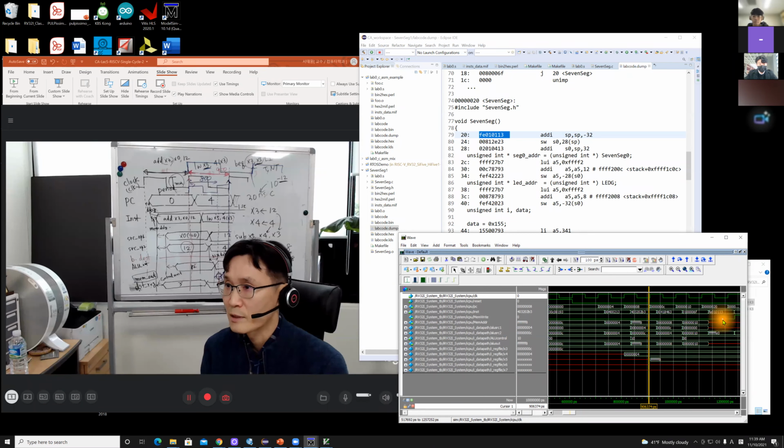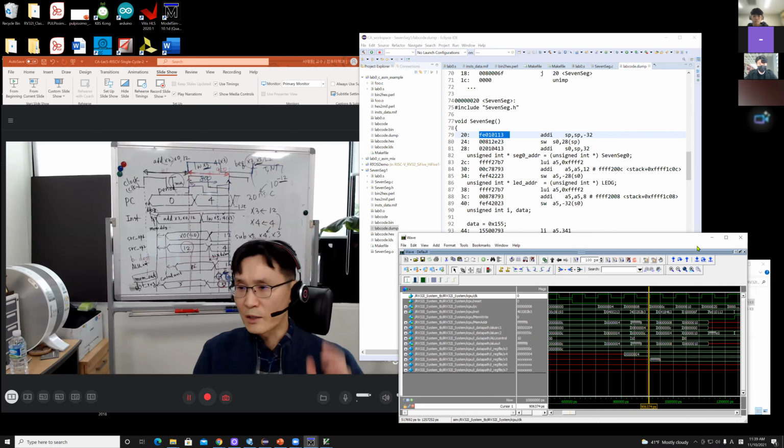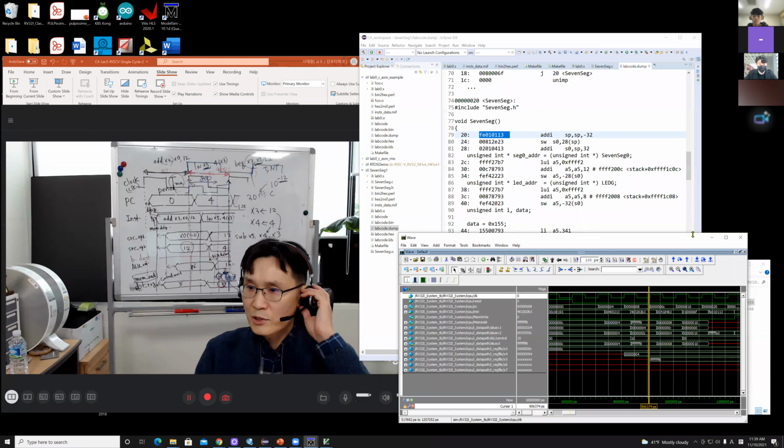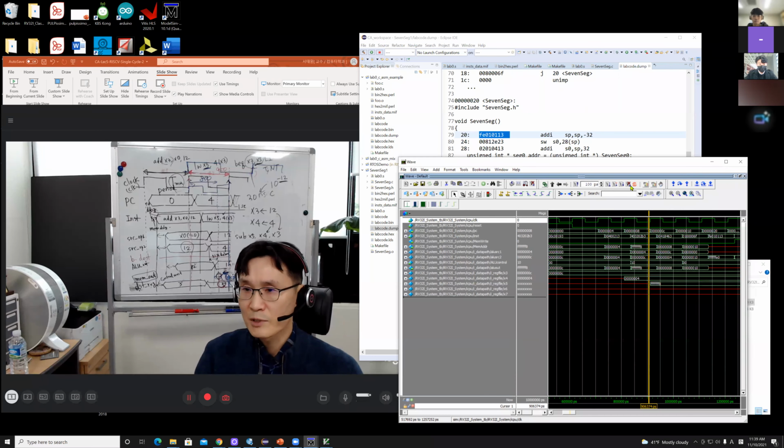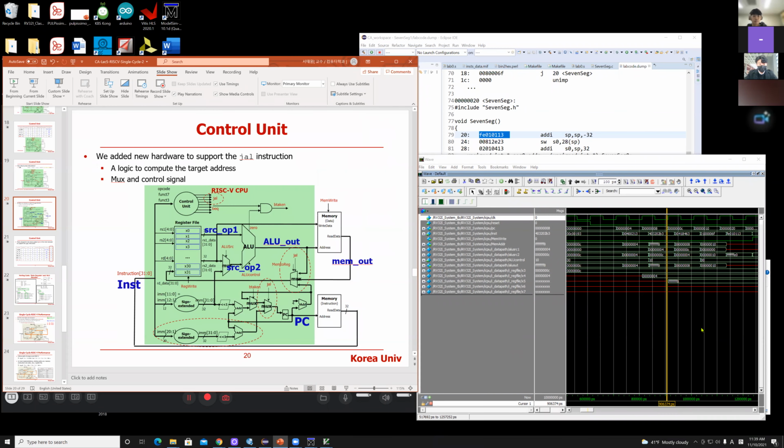In addition to this data path, you also have to observe the control signals. An important control signal is this register write. Somehow your hardware design does not update the register file, so you have to check this reg write.